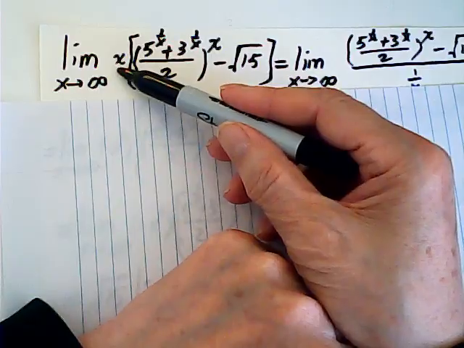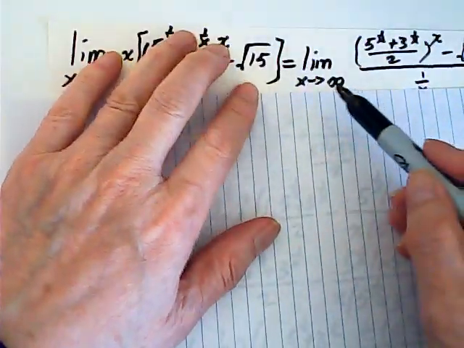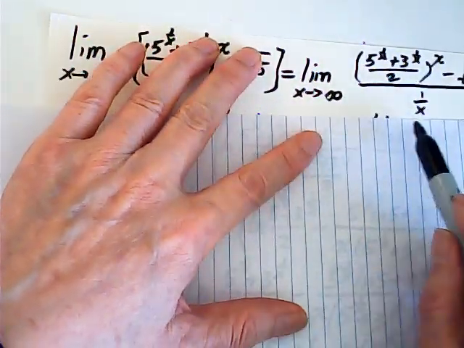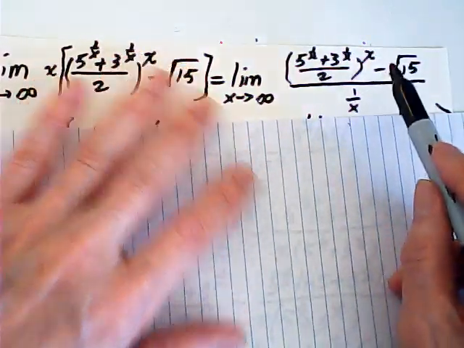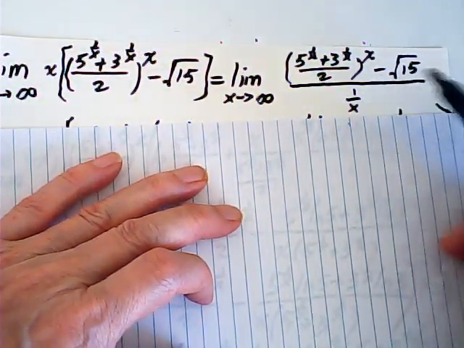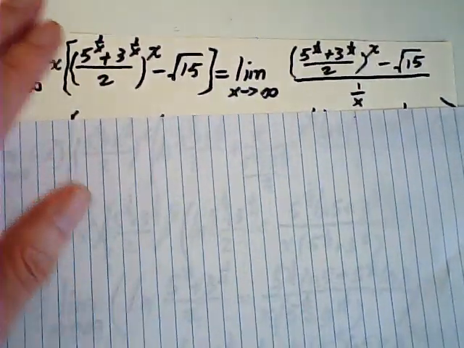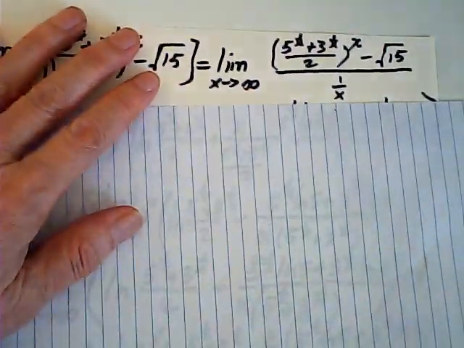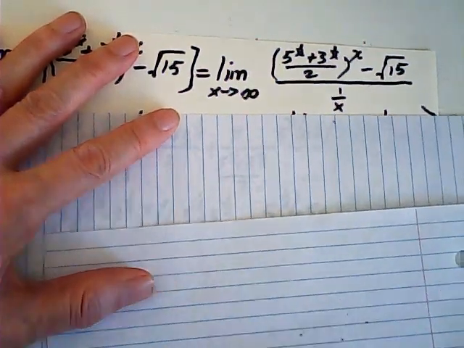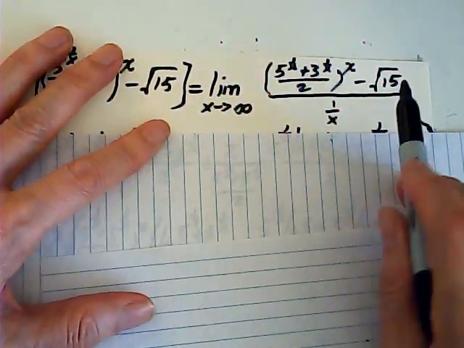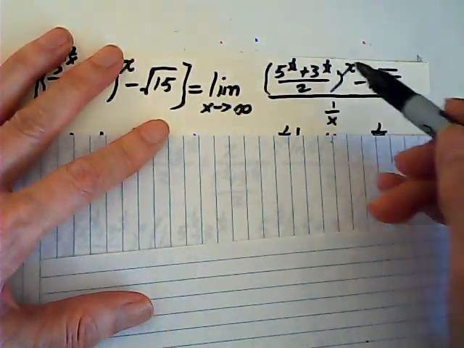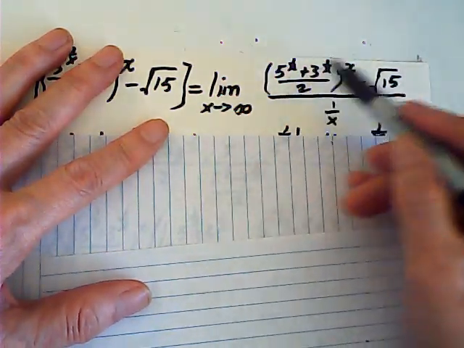Since this is infinity, this is 0, I put x to the bottom, right? So we can apply L'Hopital's rule. Now, L'Hopital's rule says the derivative of the denominator and the derivative of the numerator.